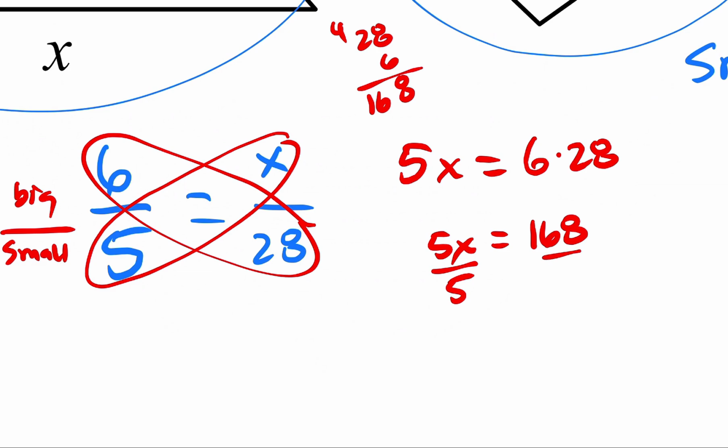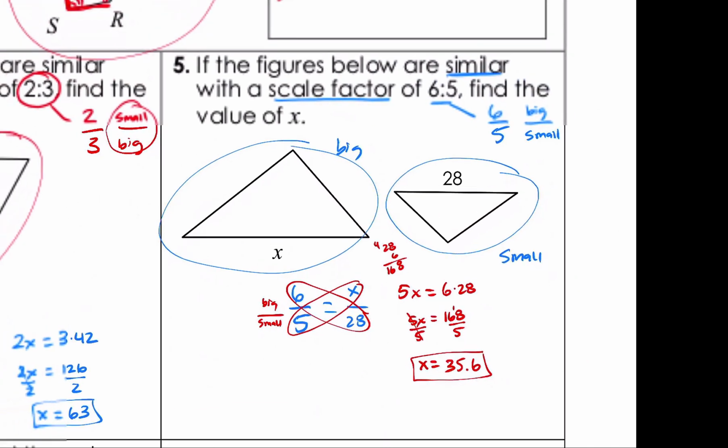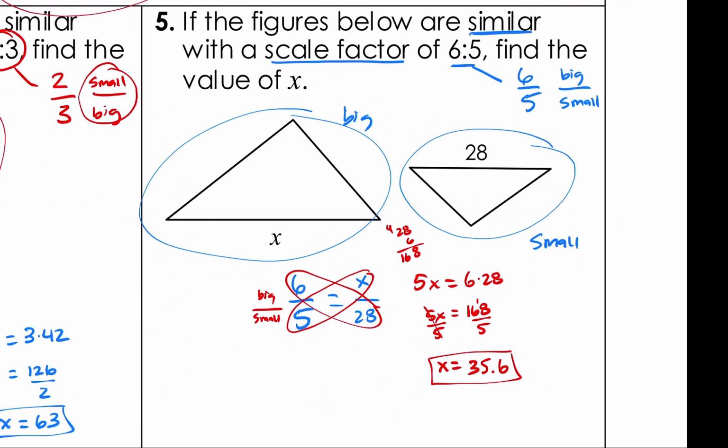So if I divide both sides by 5, I get x equals, what is that? 35 and 3/5, so 35.6. Okay, so that means this side is 35.6, which means 28 to 35.6 is the same thing as 6/5.